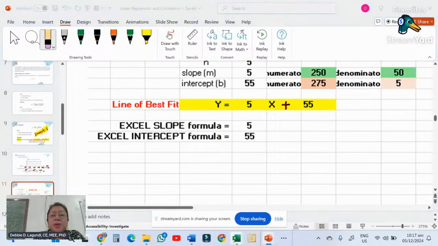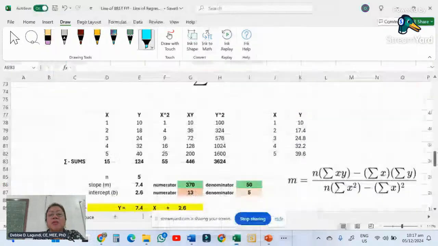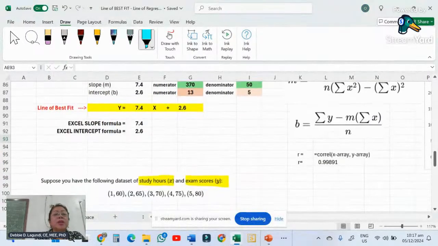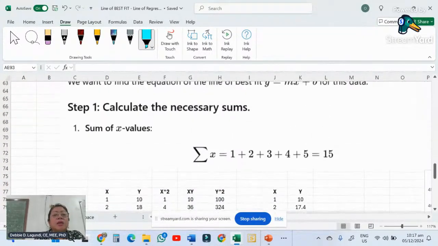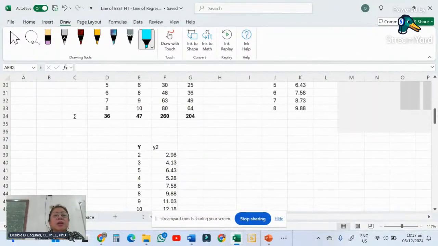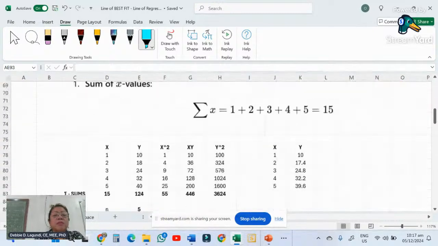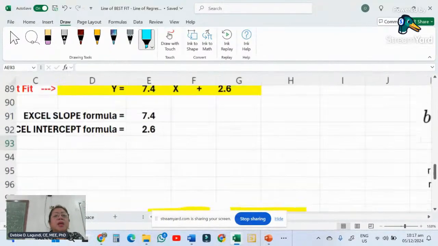Let me just pull out my Excel. My Excel is here. I already have calculated a while ago. Look. This is not the question, right? Okay.